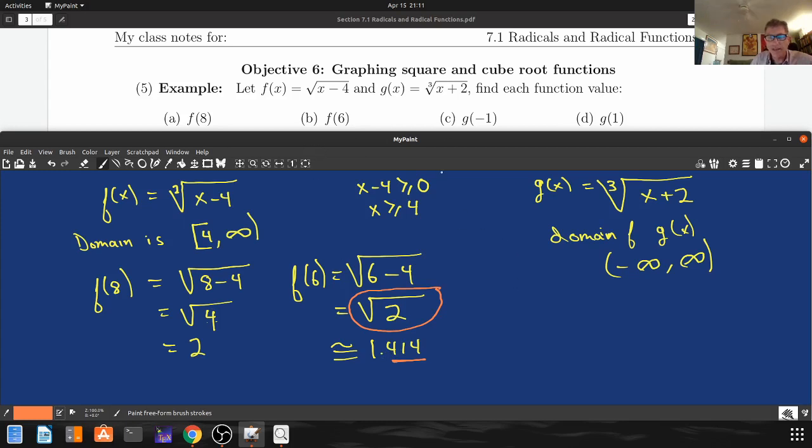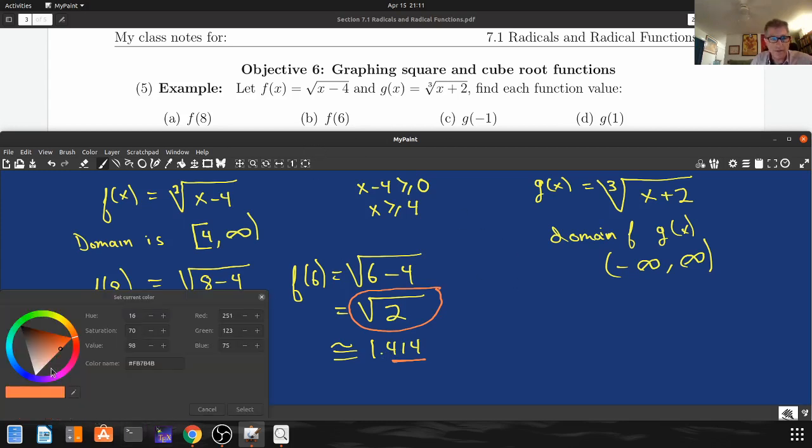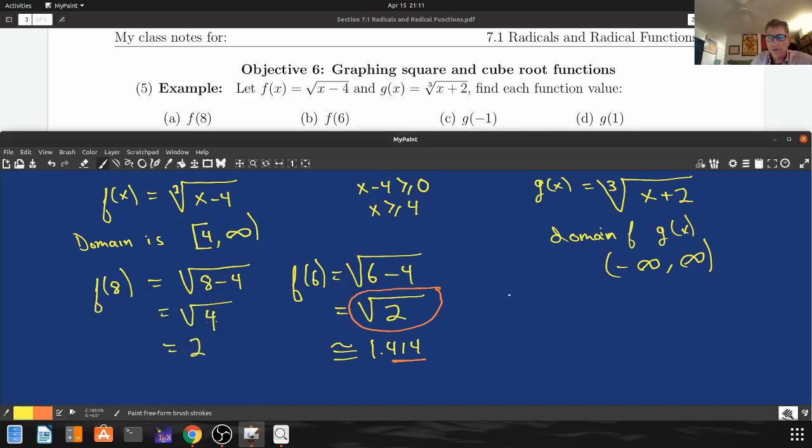So at any rate, let's go back and do C. We want to find g of minus 1. Well, that's the same thing as the cube root of, I replace x with minus 1, plus 2. So that's the cube root of 1.